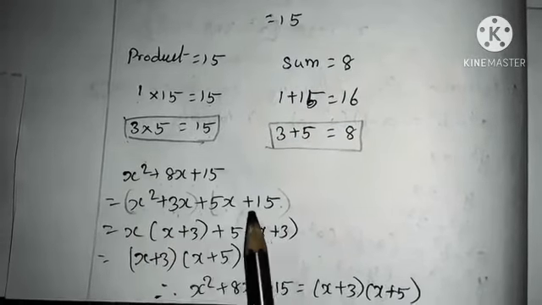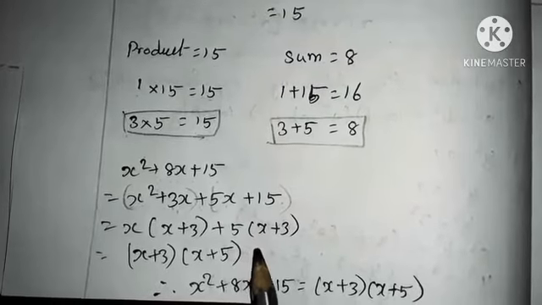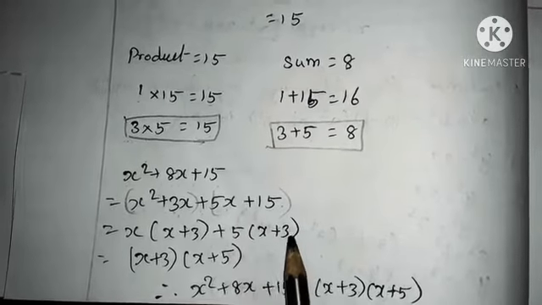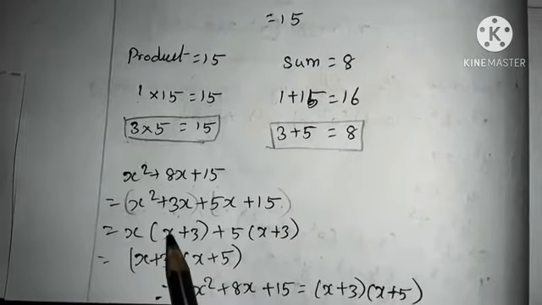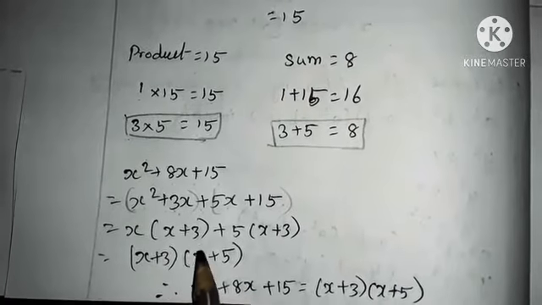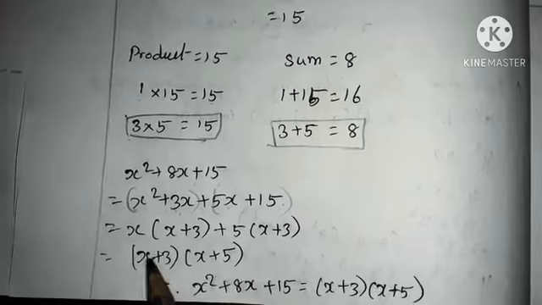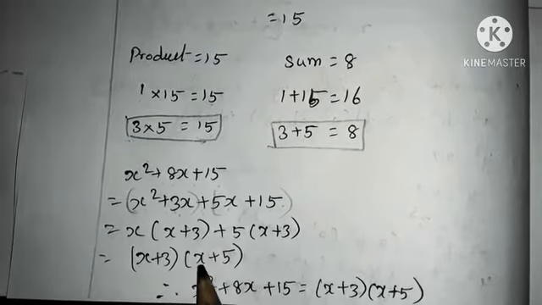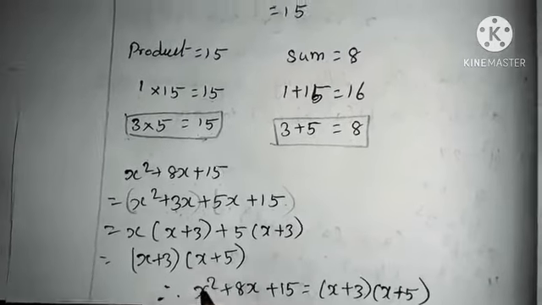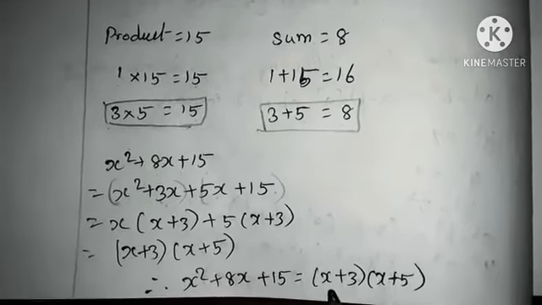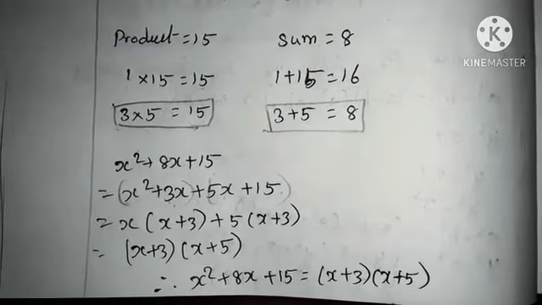In the next two terms, 5 is common, so taking 5 outside, we get x plus 3. Again, in these two terms, x plus 3 is a common binomial factor. If you take out x plus 3, we get another factor as x plus 5. Therefore, x square plus 8x plus 15 is equal to x plus 3 into x plus 5.